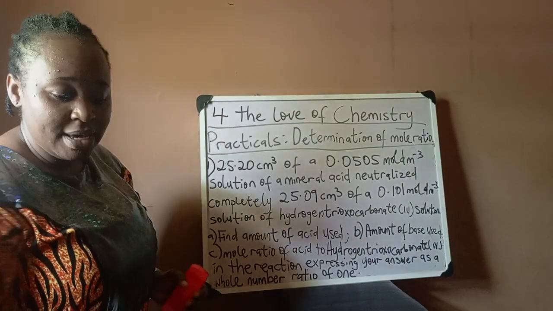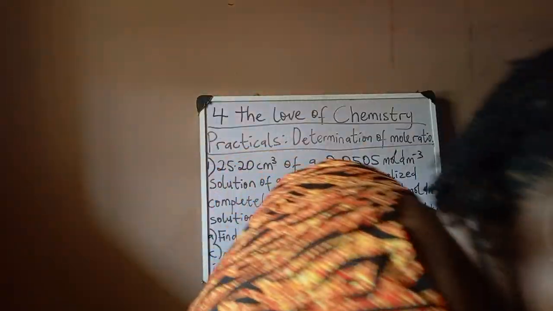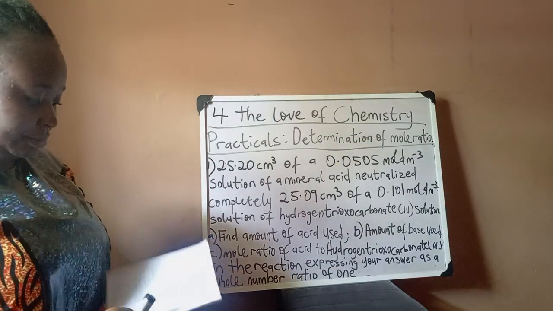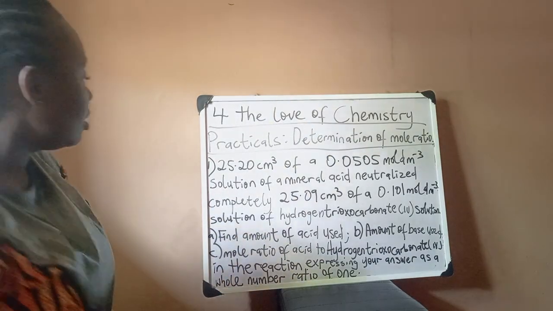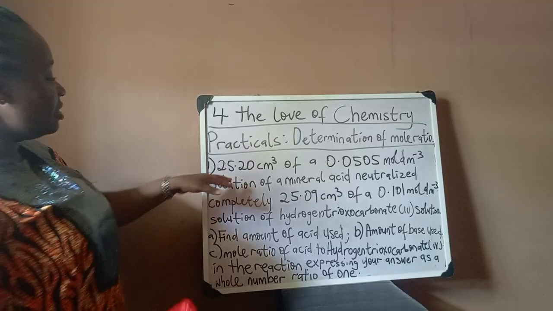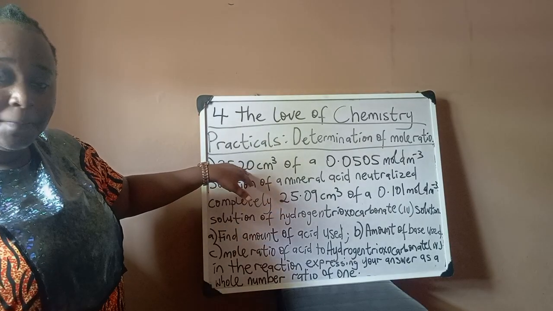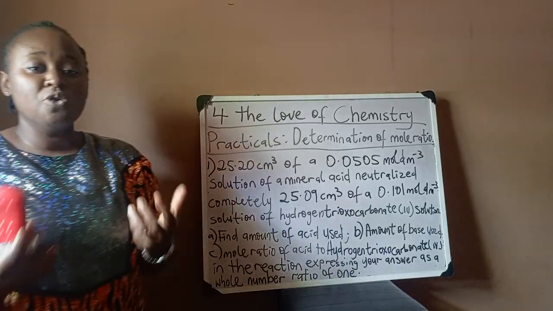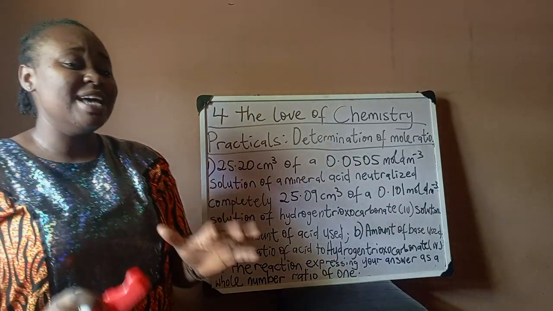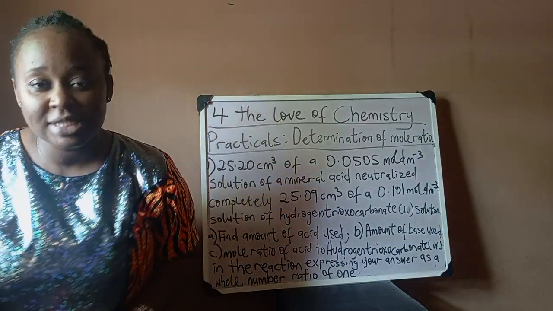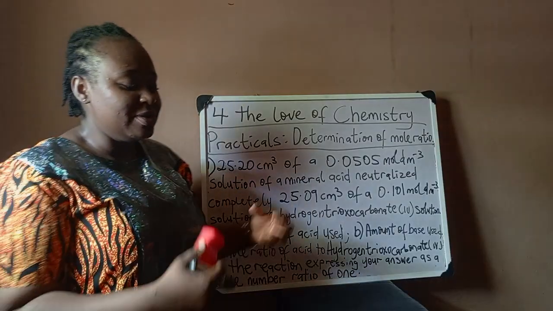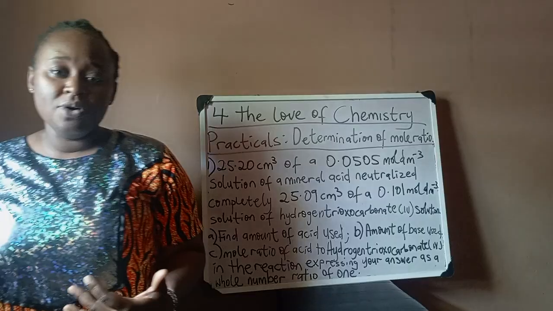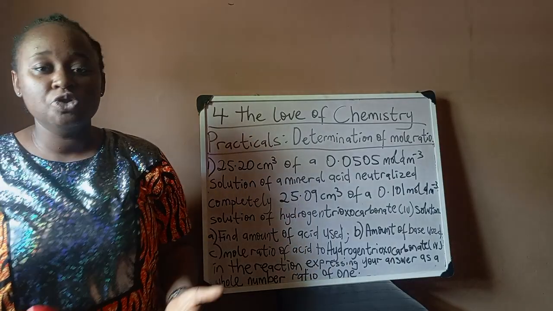Okay, so here we have been given the volume, and I always tell you, whenever you are taking note of what you are given, please take note of the unit, so that if there is need for you to convert from one unit to another, you will do that before you solve.